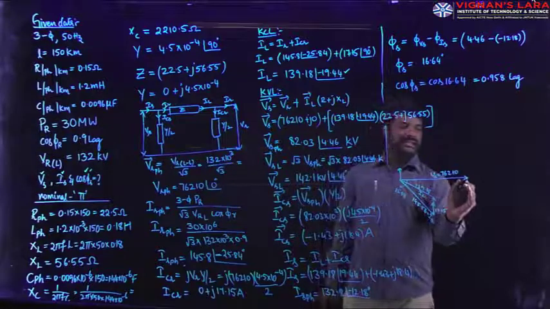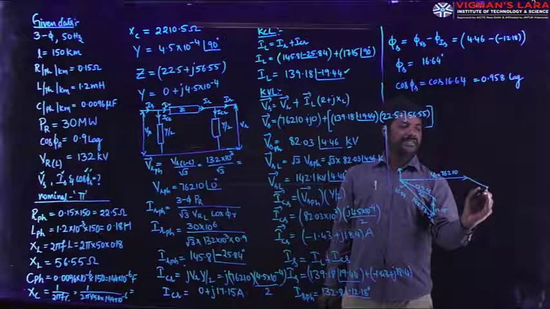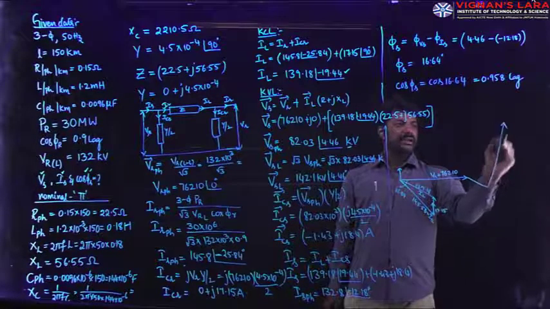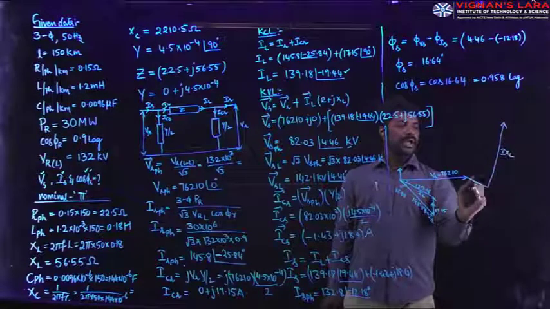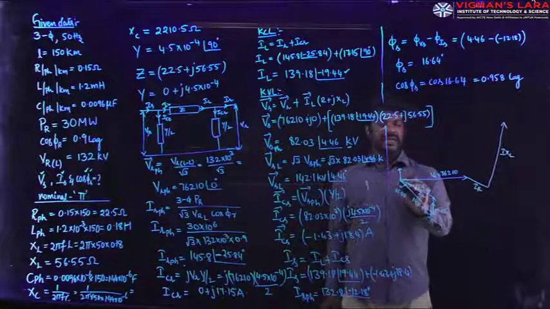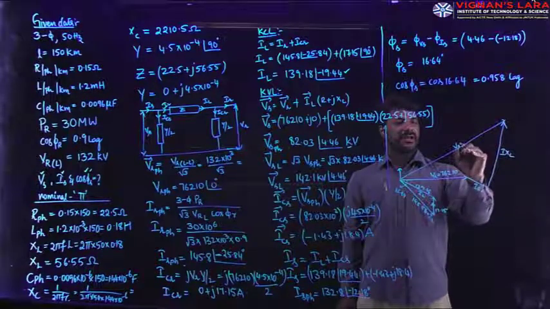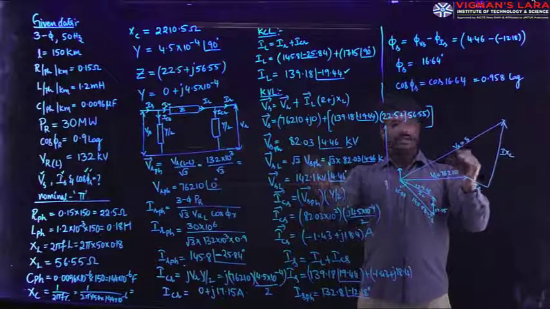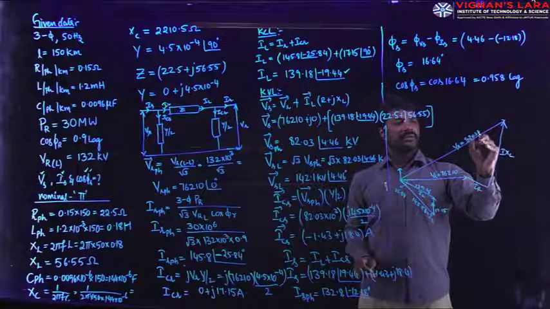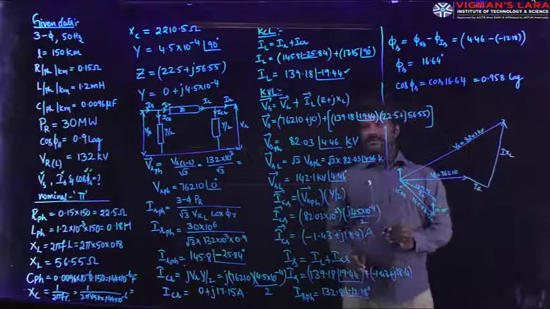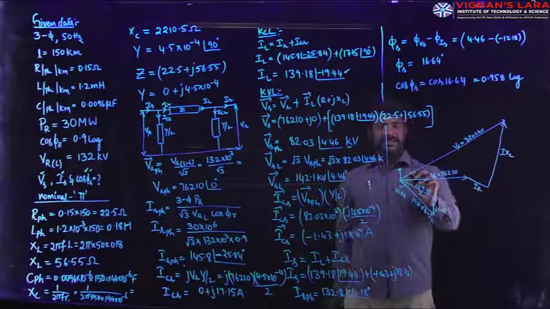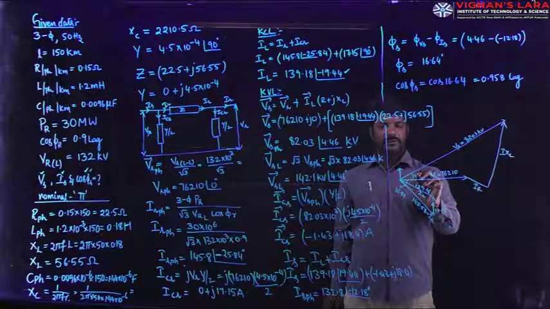Then it is I into R drop plus J, I into XL drop, which gives us Vs directly. That Vs value per phase is equal to 82.03 kV, which makes an angle of 4.46 degrees. This angle is 4.46 degrees.